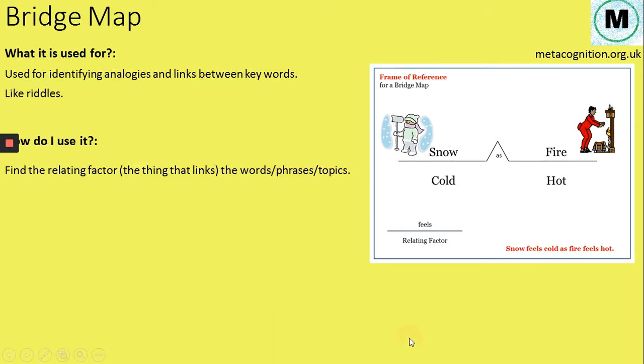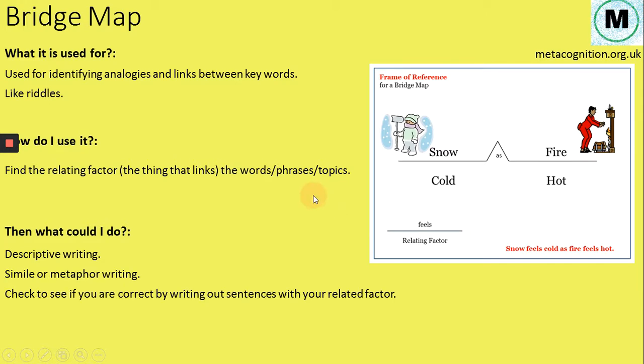So what do you do? You write down, like in this example on the right, the pairs of words you've got in this sort of format with the sort of spike in between them. And then you've got to write down what you think the relating factor is, what links those words. Once you've managed to work it out, what could you do? You could do a piece of descriptive writing, because it's a really good way to generate rich comparisons, which you can then include within your English writing.